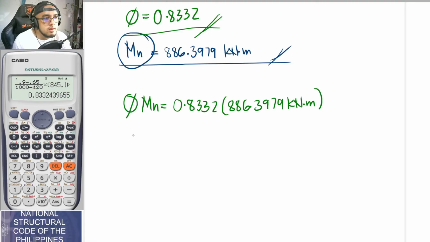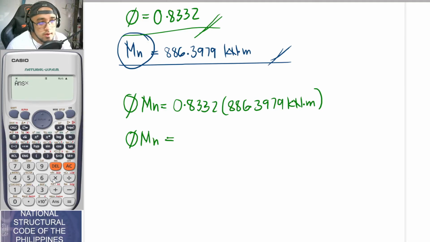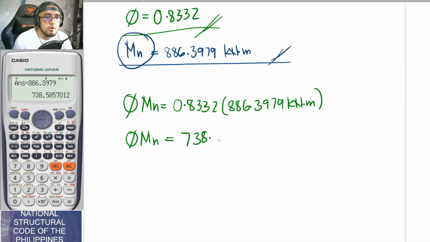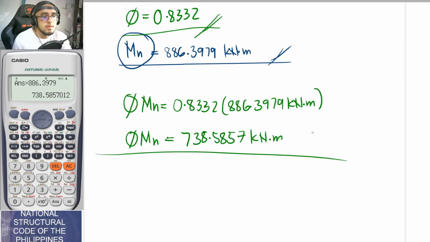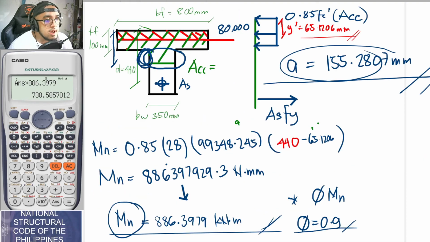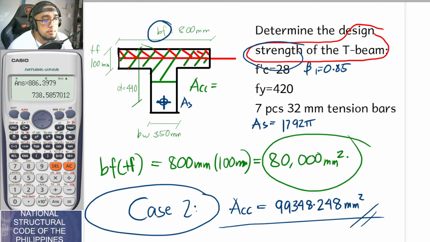So with that, our design strength phi Mn is now to be equal to, so multiply this by 886.3979, 738.5857 kilonewton meter. Okay, so that is pretty much our answer here. Okay, so reiteration guys, that is to be the solution for case number 2.